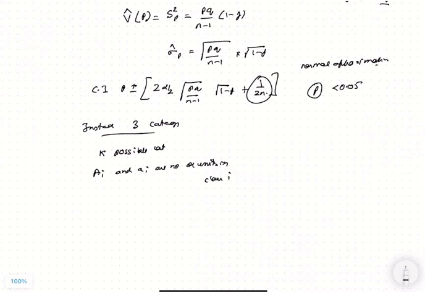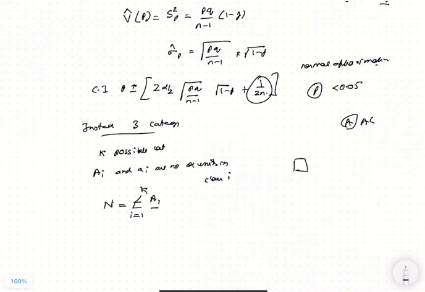So what would be the N? N is just going to be the sum, i is equal to 1 to k, of a_i. And why is that? a_i is not here the A and A complement. a_i is the total number of units.